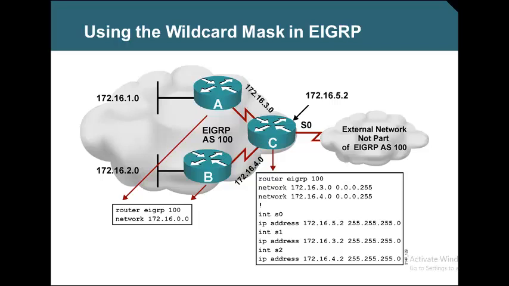Here EIGRP is not running because we have a wildcard mask to say only if the 4 and 3 match, you run EIGRP. If it is RIP, it would have been a difficult task. RIP will run even here. Then you need to write a filter list to block, because in RIP we don't have a wildcard mask. Is that point clear?